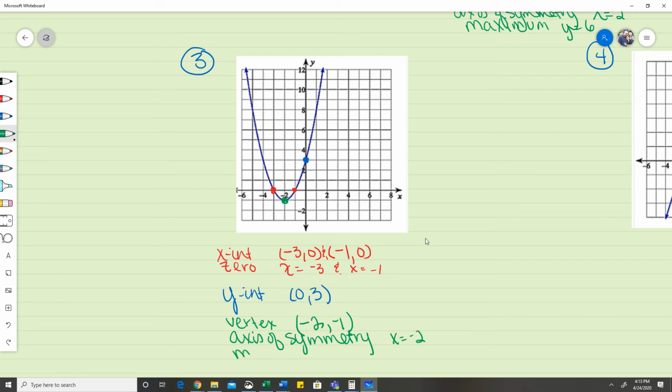And our minimum goes through y equals -1. Okay, so here's our axis of symmetry. I do want to draw that in because that's kind of an important feature. As you can tell, each of our x-intercepts are the same distance on either side of our axis of symmetry.